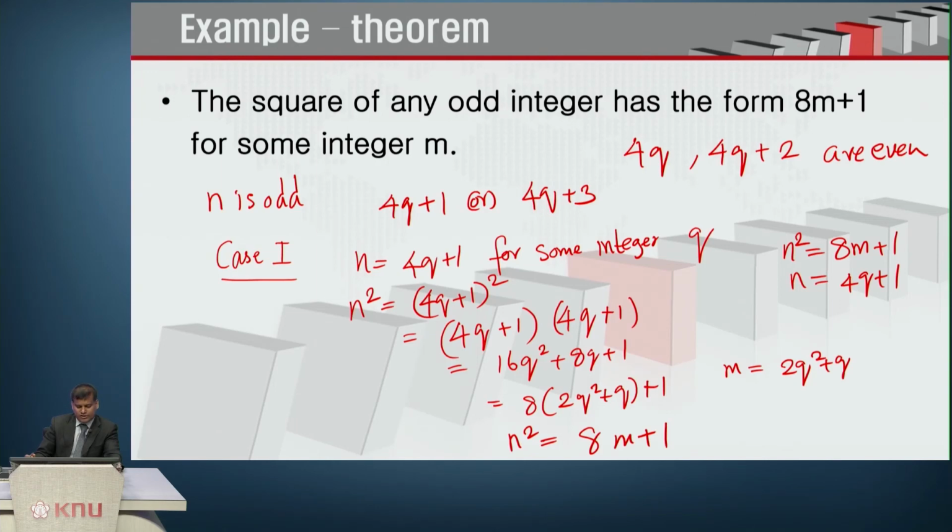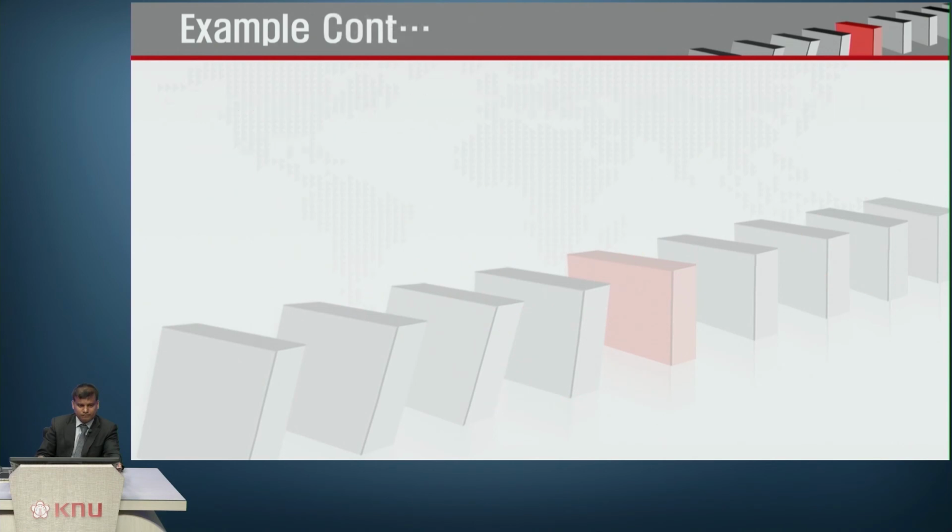So let's try another way and see whether we can make it. Say for example, let's say n equals 4q plus 3, for some integer q, with a similar thought that we had before.